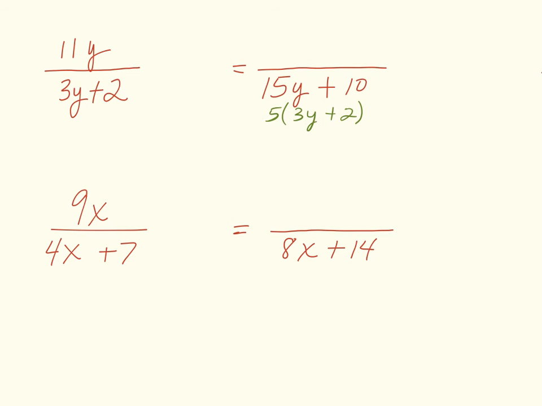Now it's easy to see what's missing from here that you have over here. It's a factor of 5, so 3y plus 2 has to be multiplied by 5, which means 11y has to be multiplied by 5. Do you see that? Where it's missing, if I want to make it match, I have to multiply by 5. So that gives us 55y.